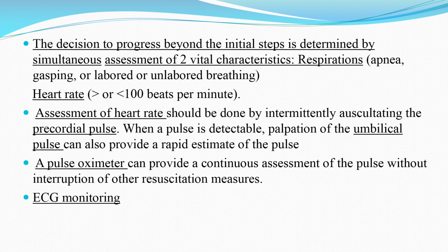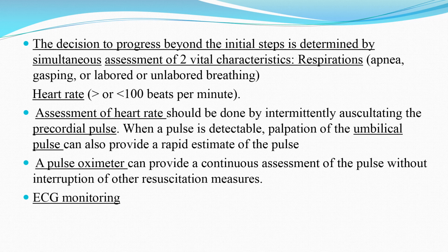The decision to progress beyond the initial steps is determined by simultaneous assessment of 2 vital characteristics. These are the respiration and heart rate. If the patient is apneic, gasping, or has labored breathing, and for the heart, whether the heart rate is less than 100 or more than 100. The assessment of the heart rate should be done by intermittently auscultating the precordial pulse.